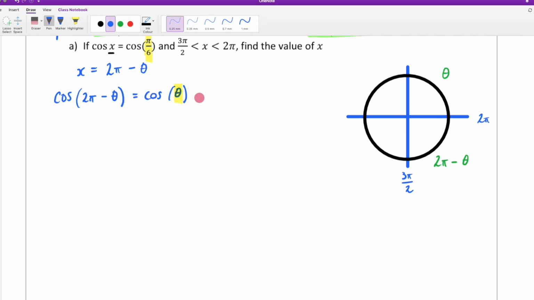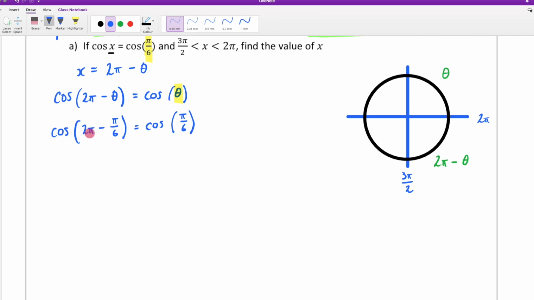So this is going to be cos of pi on 6 because theta is pi on 6, and here's another theta, so I can put pi on 6 here. So it's going to be cos of 2 pi minus pi on 6. If I now simplify this, I will get my answer.